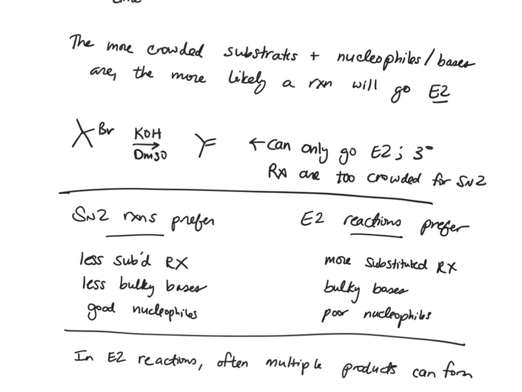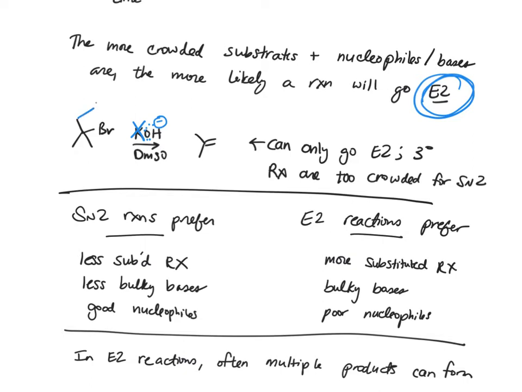The more crowded substrates are and the nucleophiles and bases are, the more likely a reaction will go E2. So what is an E2 reaction? Here's one where we're going from an alkyl halide or other group with a good leaving group, and let's cross off that oxygen again and give the potassium and give oxygen a negative charge.